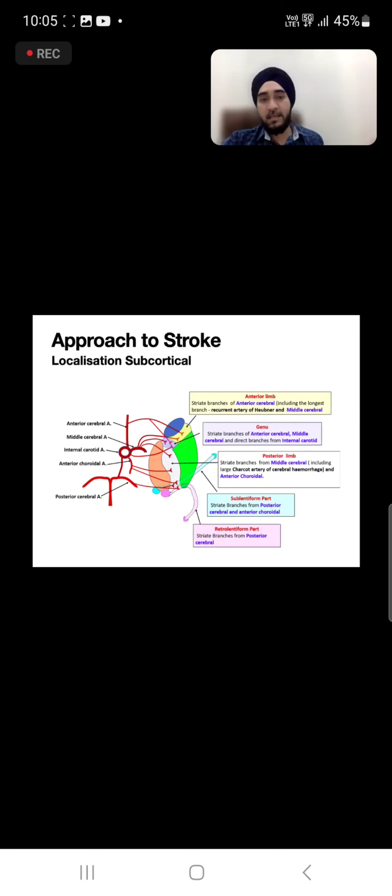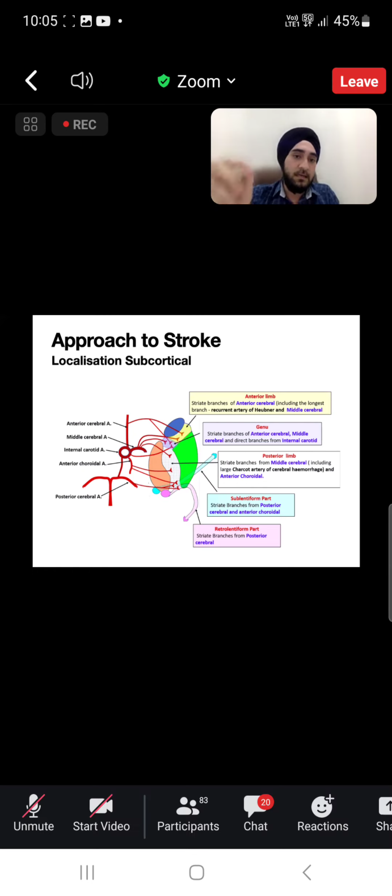Now comes the tricky part. Although I promised that I'm not going to go into the details of arterial supply, and I'm going to cover arterial supply when we discuss the syndromes, no discussion about the internal capsule should end without discussing its blood supply, because the internal capsule is a very prominent and important area.